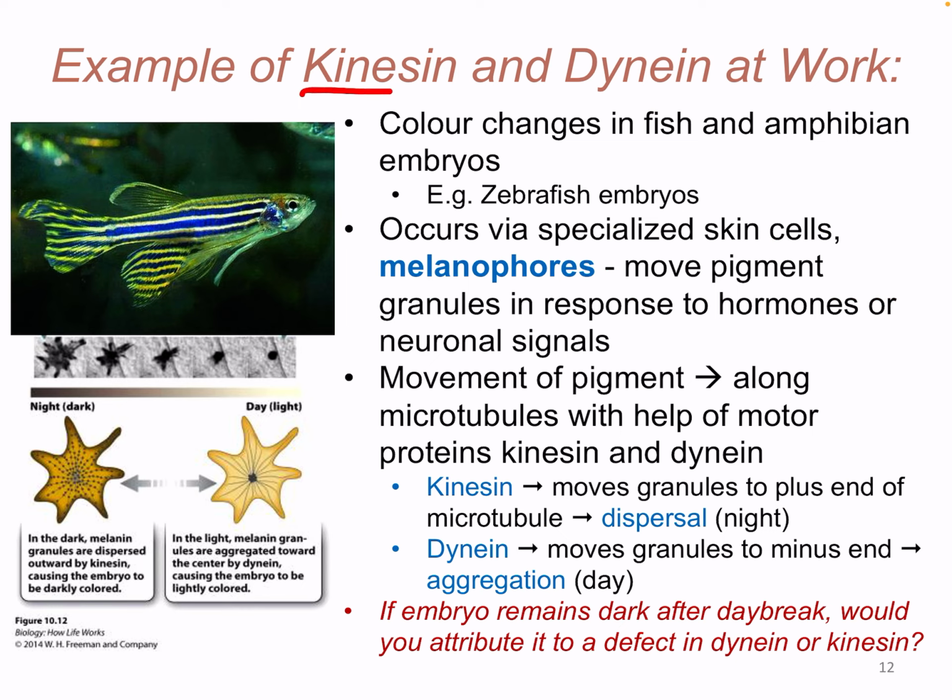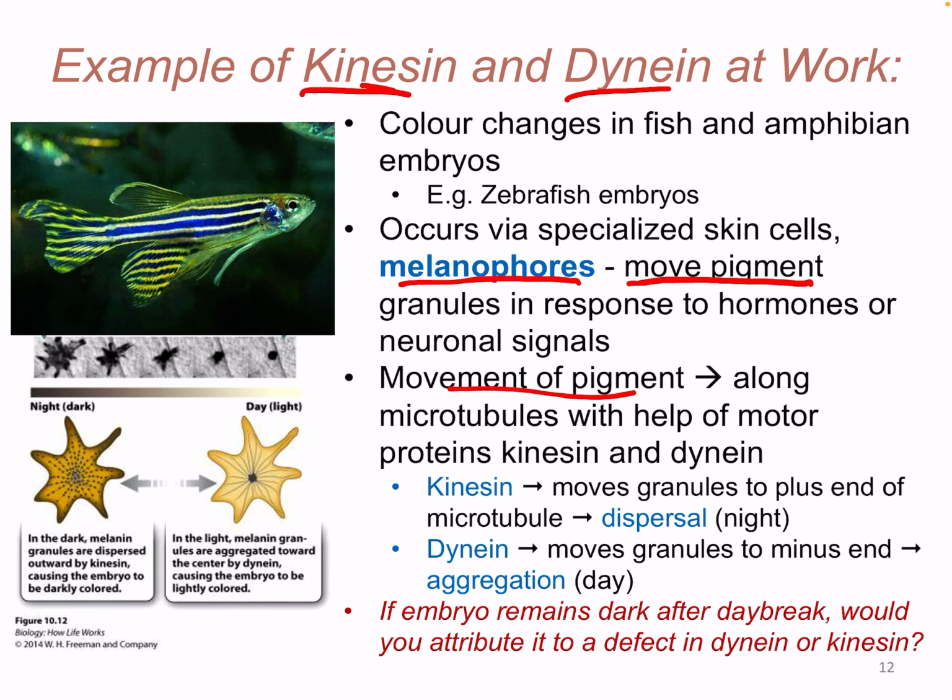Another example of kinesin and dynein at work is the color changes seen in fish and amphibian embryos, such as zebrafish embryos. This occurs with specialized skin cells called melanophores, which move pigments. They move the pigment granules in response to hormones or neuronal signals.